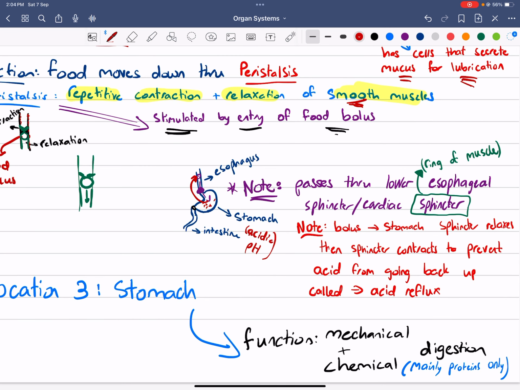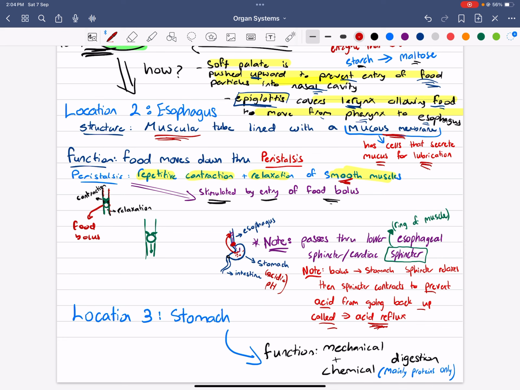If it does, we will have something called acid reflux. So the cardiac sphincter contracts to prevent acid from going back up to the esophagus, and we call that acid reflux when this sphincter does not work. Okay, and now we look into further detail why the stomach has an acidic pH.